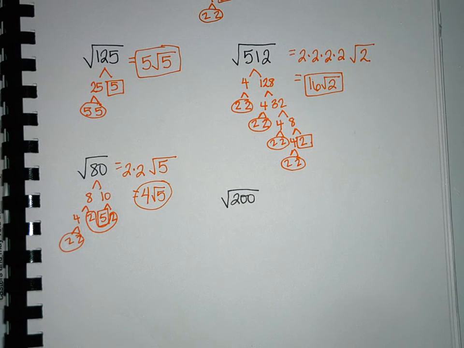Okay, square root of 200. What are two numbers that can multiply to 200?